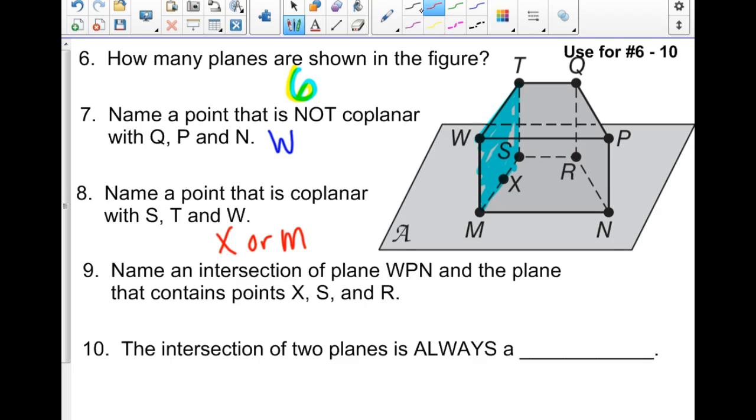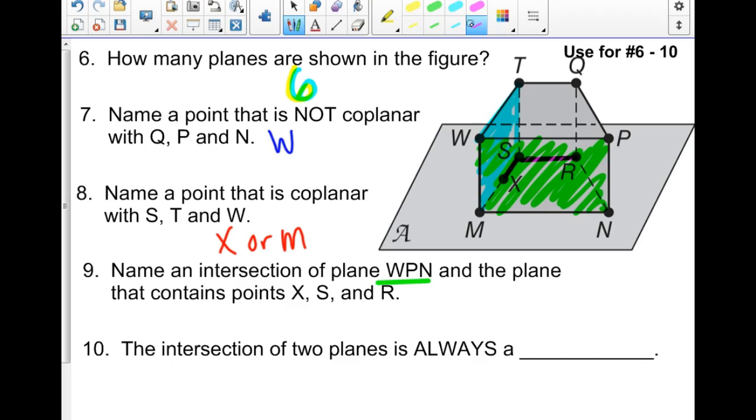Name the intersection of plane WPN and the plane that contains points X, S, and R. I've got to first find where that plane is. W, P, N. That's the front. Okay. And the plane that contains points X, S, and R. Well, that's the bottom.